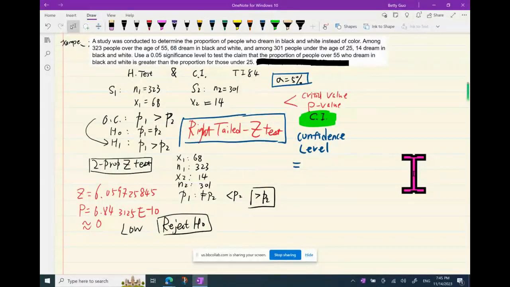So if the significance level of 5% in this case falls in the right tail, that means you have 5% significantly high. Then if we make it a symmetric thing, we should have another 5% falling in the left tail. That 5% is significantly low.